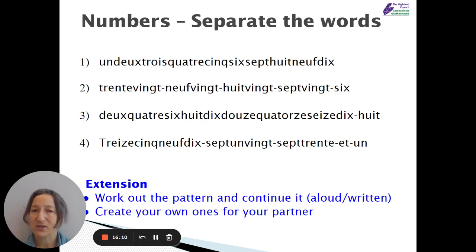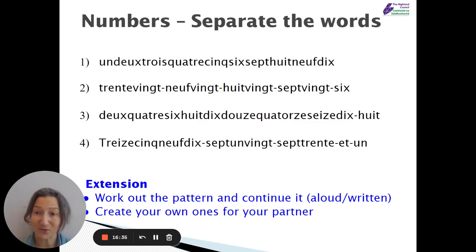So the first one is just going up, 1, 2, 3, 4, 5, 6, 7, 8, 9, 10. You can extend it, 11, 12. The second one, 30, 29, 28, 27, 26, we're going down, 25, 24. The third one, 2, 4, 6, 8, 10, 12, 14, 16, 18.